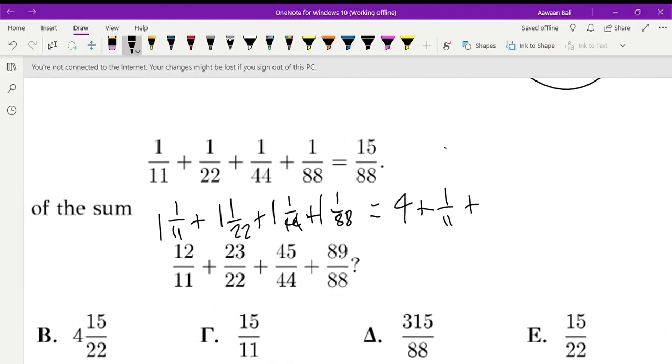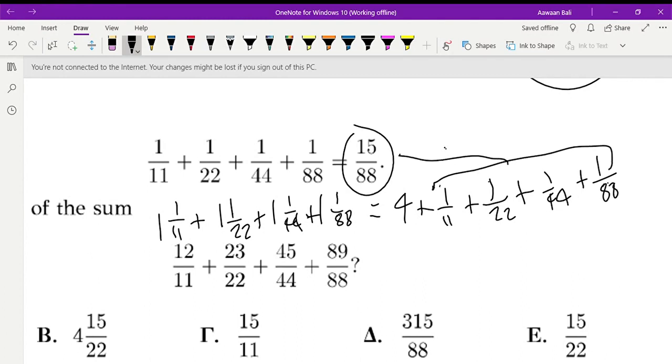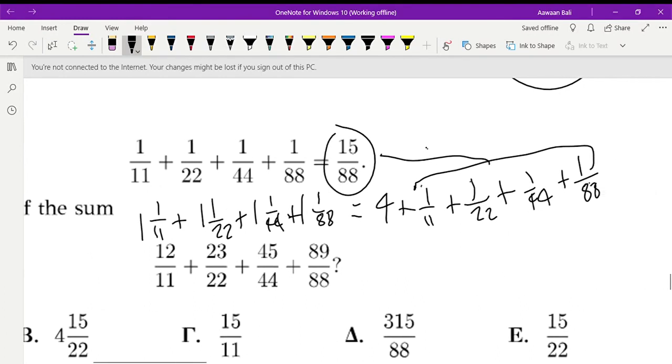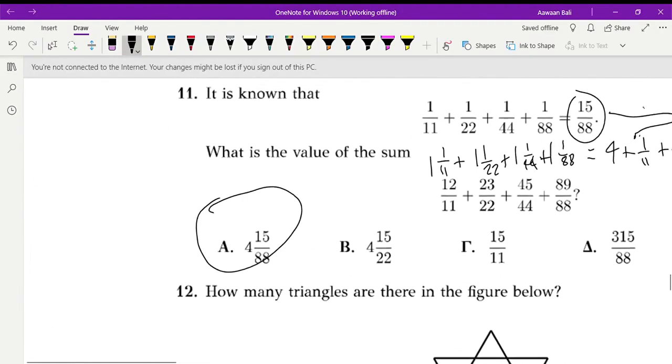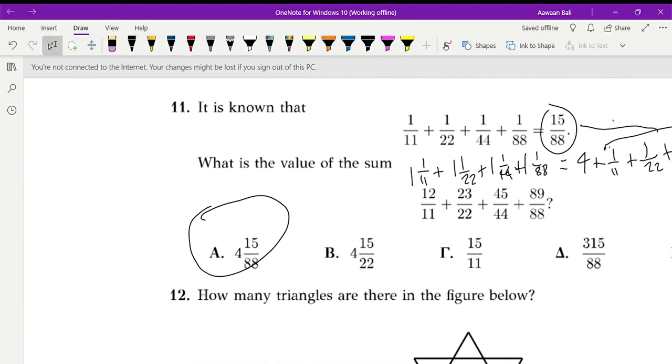So 4 plus 1 upon 11 plus 1 upon 22 plus 1 upon 44 plus 1 upon 88. You might have already worked out what I'm going to do now, because this section is the exact same thing as here. It gives us the answer 15 upon 88. So if we add 4 plus 15 upon 88, there's going to be no change. You just merge them together to get 4 15 upon 88, which means A is 4 15 upon 88.